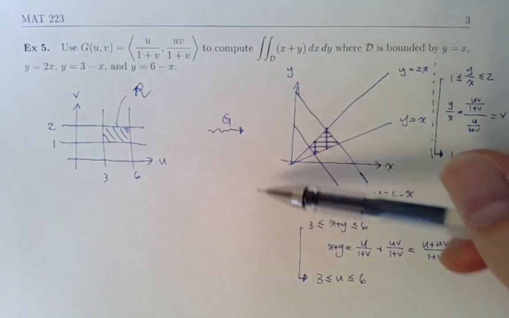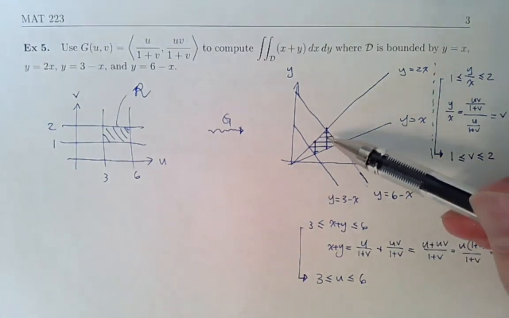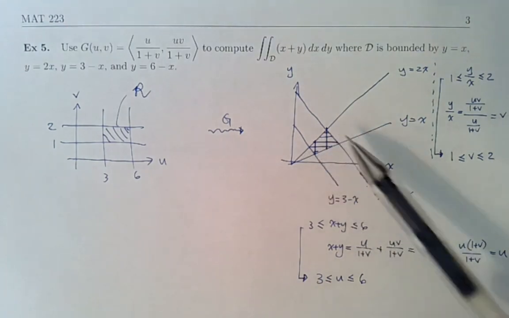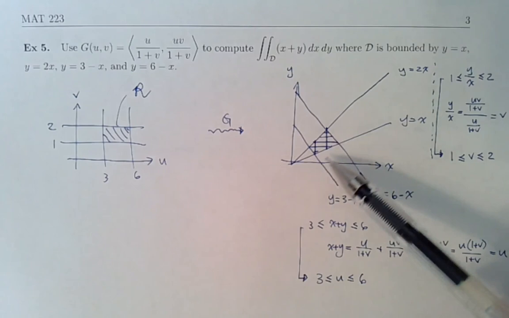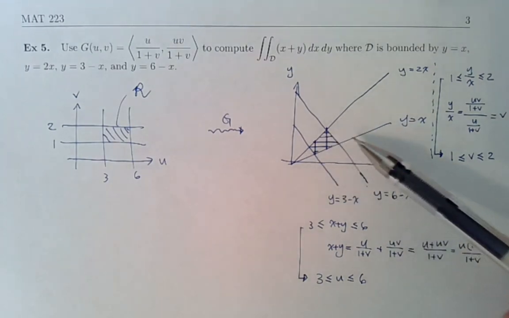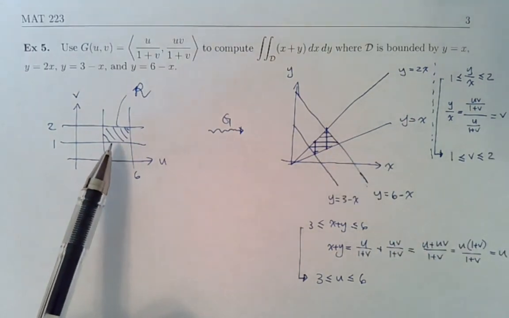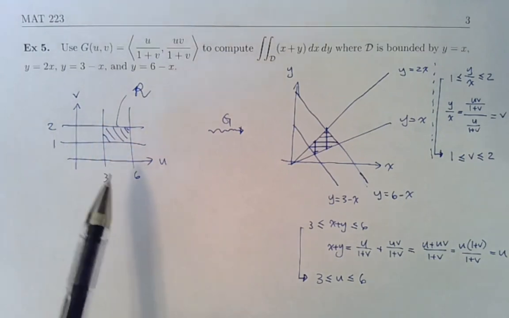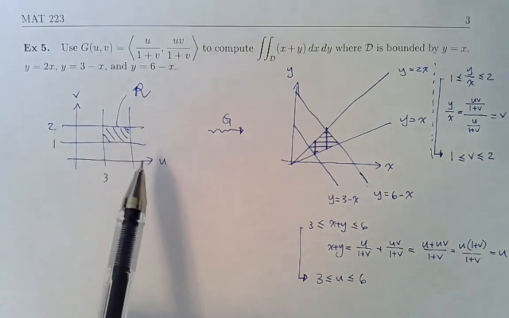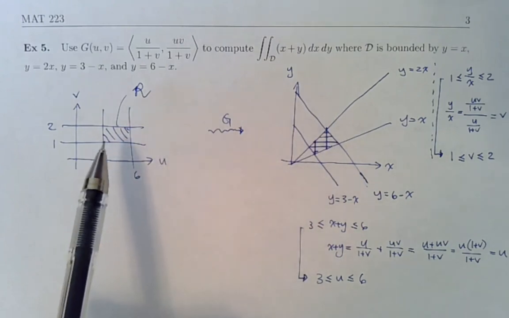We have regions that look like circles, and that's easy to describe in polar coordinates, but much more complicated to describe in rectangular coordinates. Here, this weird quadrilateral, it's not even, oh, it is a trapezoid. Okay, so this trapezoid is hard to describe in rectangular coordinates, but it's very easy to describe in UV coordinates. Maybe we can call this trapezoidal coordinates, where trapezoids are rectangles.